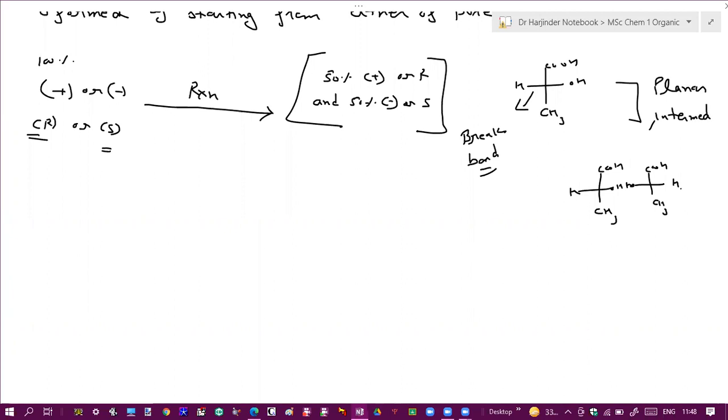Okay, only then can reaction on both sides take place equally. So in all of these cases, you have to break a bond over the chiral carbon. You will get some planar intermediate, and then this planar intermediate will again be attacked by the attacking reagent to give rise to two enantiomers in equal amount. So is this point clear?